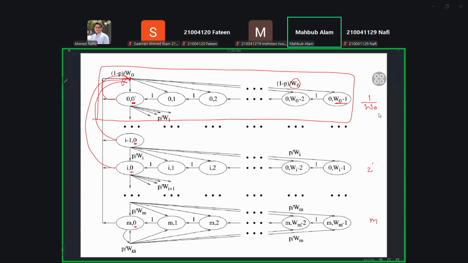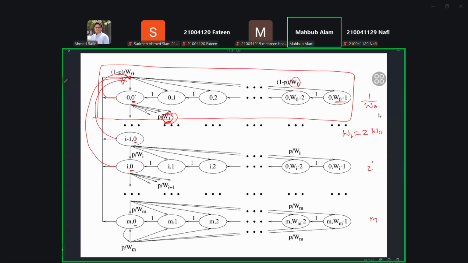And with a probability P, a collision occurs. When a collision occurs, the station enters the next backoff stage. In this case, W1 is 2 times W0. The backoff window size is doubled, and one of the backoff window values is randomly chosen. This occurs with probability P, because a collision occurs with probability P and the station has to choose one of the slots from this backoff stage.